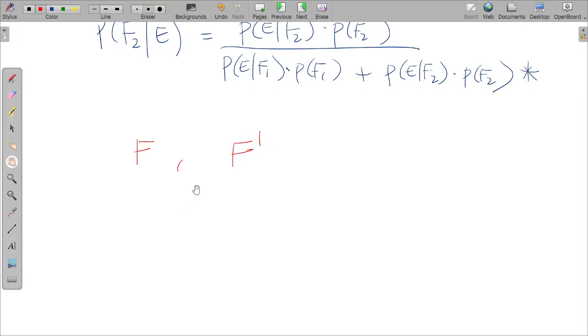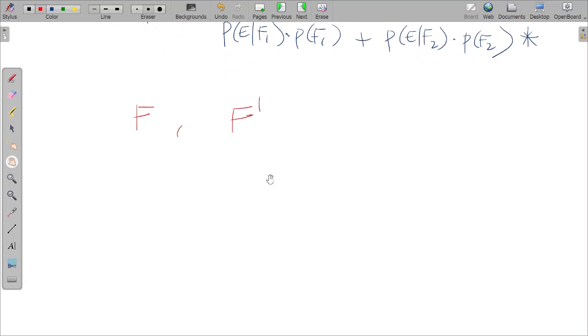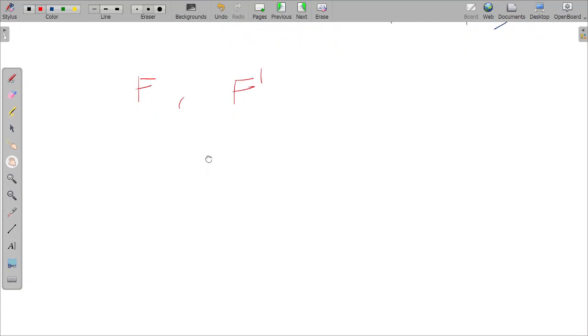I mentioned before that this Bayes formula has application in so many fields. So when we are dealing with disease, not disease, tested positive, tested negative, we may want to use this.